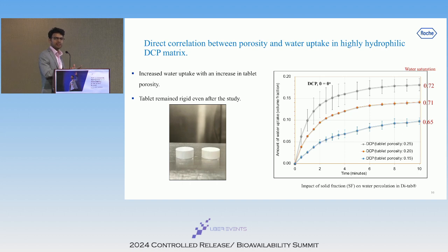The tablet remained rigid before the experiment and after the water percolation study. This suggests that the water transport into the DCP tablet occurs through the pores. And number two, the amount of water uptake through the DCP tablet increases as the porosity increases.